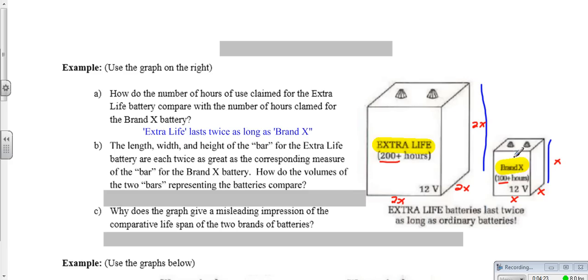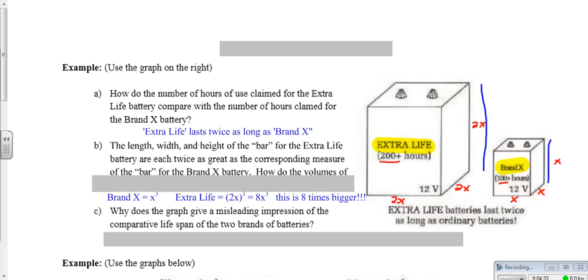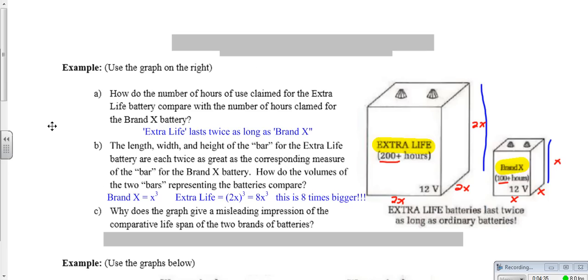So they're using that twice as much piece of data 3 times here. Not just height, but also in width and length. So brand X has a volume of X cubed, X times X times X, where Extra Life has a volume of 2X cubed, or 2X times 2X times 2X, which, when we distribute the power, we get 8X cubed.